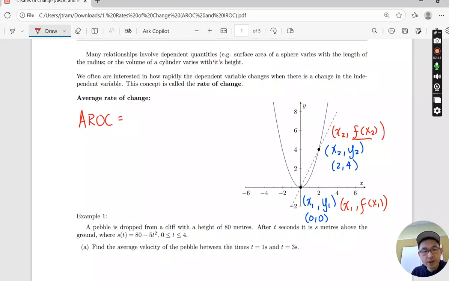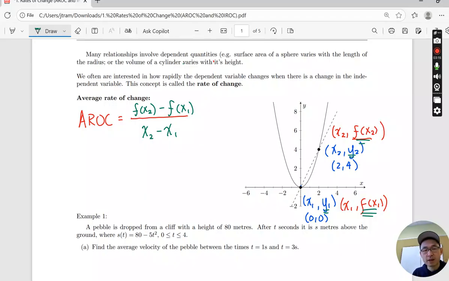So to find the average rate of change, which is rise over run, we're going to say y2 minus y1, or we can say f of x2 minus f of x1, over x2 minus x1. Okay, so that is our average rate of change.